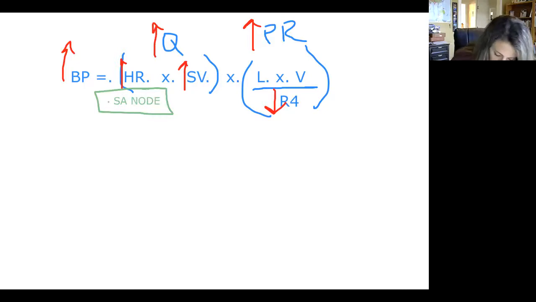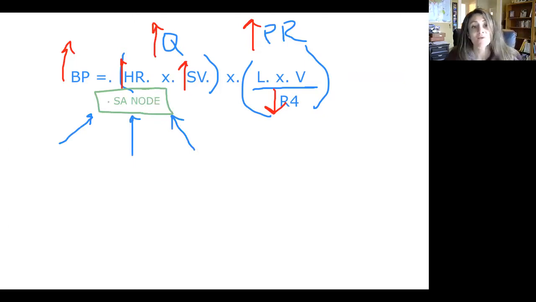Then we talked about 3 different things that act on the SA node that cause increases in heart rate during exercise. What are they? The epinephrine, the vagal nerve, and the sympathetic cardiac nerve. Yep. So I'm going to put them in this order. I'm going to do epinephrine here.